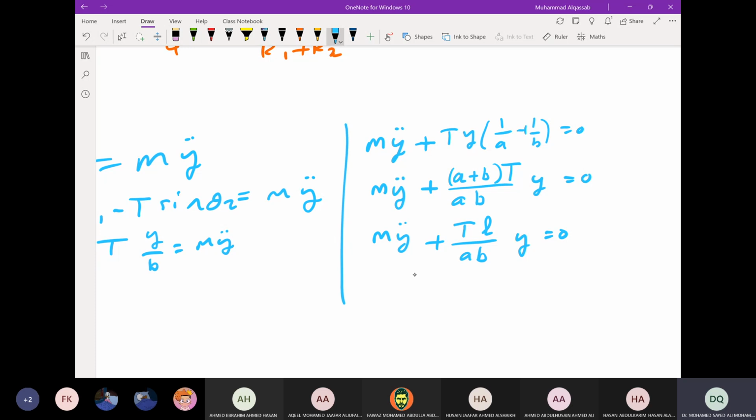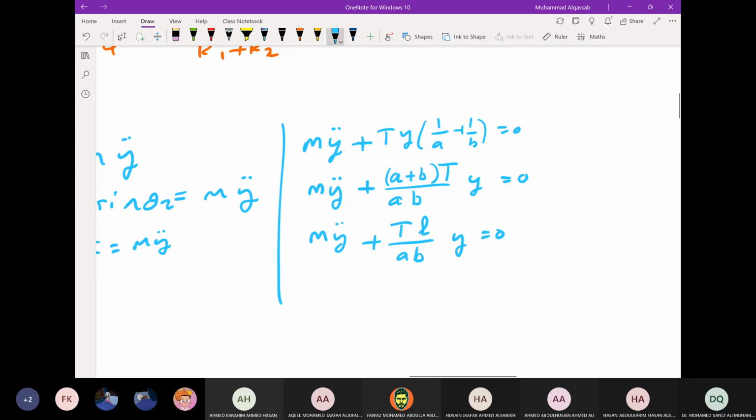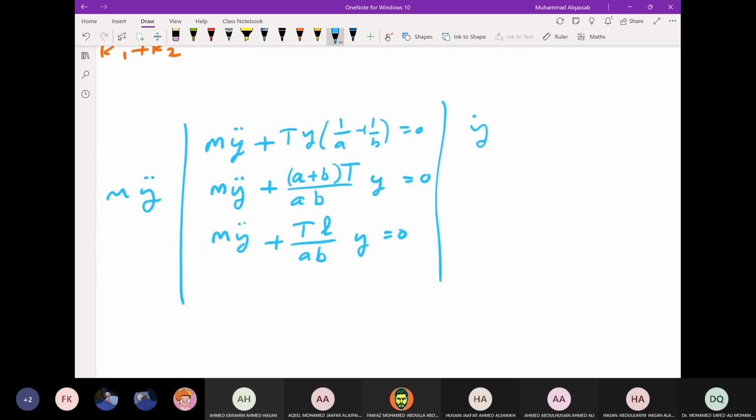So the assumption we made is that T is constant, L is constant because this is an inextensible cable, and a and b are constants also. So we can represent TL over ab as k. And m, of course, is the mass. When you divide by m, you get y double dot plus TL over abm times y equal to 0.